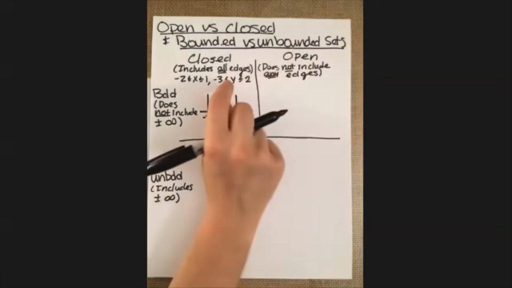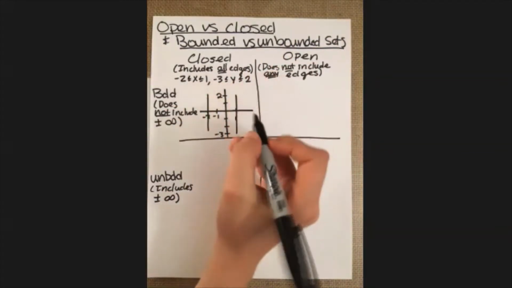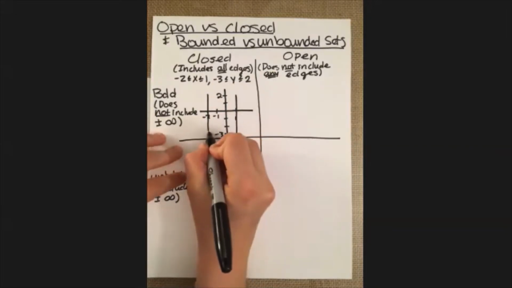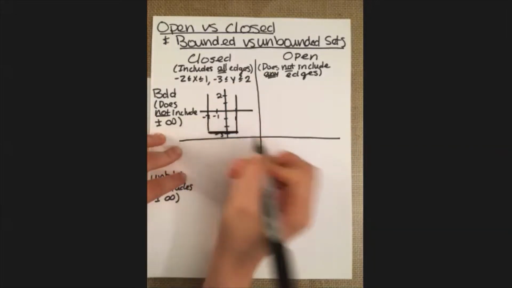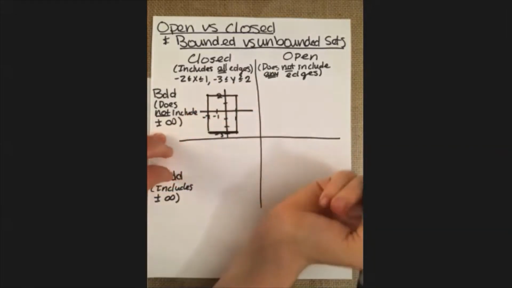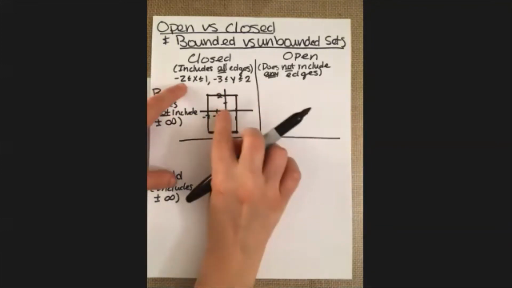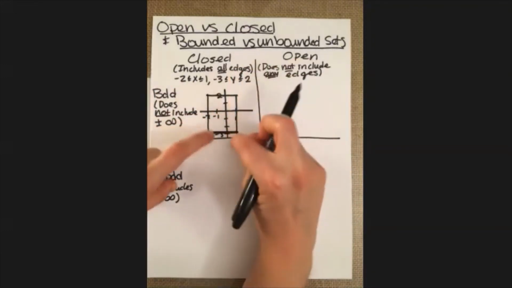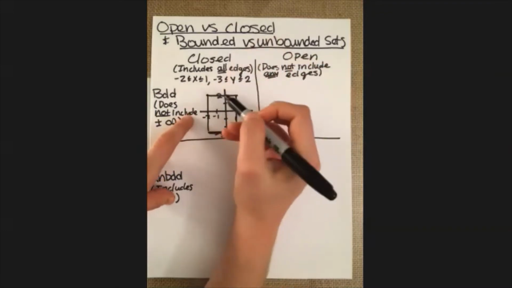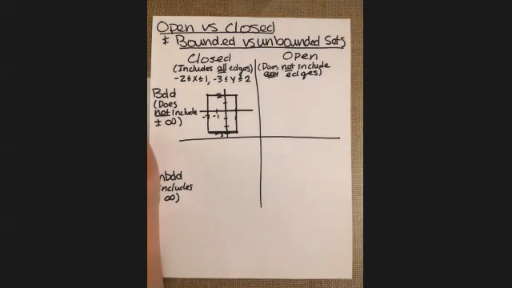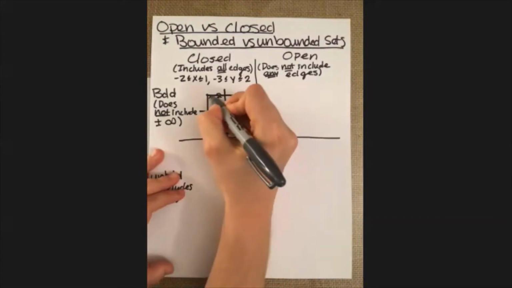And then we also required that y be between -3 and +2. So we'd have solid lines down there and there. And so x being between -2 and 1 and y being between -3 and +2 means that the area that we're looking at for this particular shape is just going to be what's inside here.